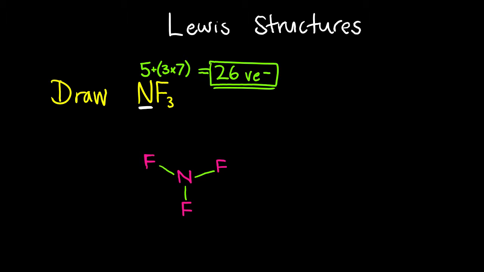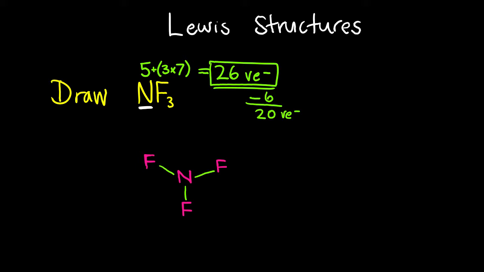Once you bond everything just once, subtract that number of bonds times 2 from your valence number, because each line that you just drew represents 2 electrons. So I just drew 3 lines, and those 3 bonds represent 6 electrons used from my bank. So minus 6. And this is just me keeping a tally. I've used 6 of my 26, that leaves me with 20. That means I have 20 valence electrons left to use.